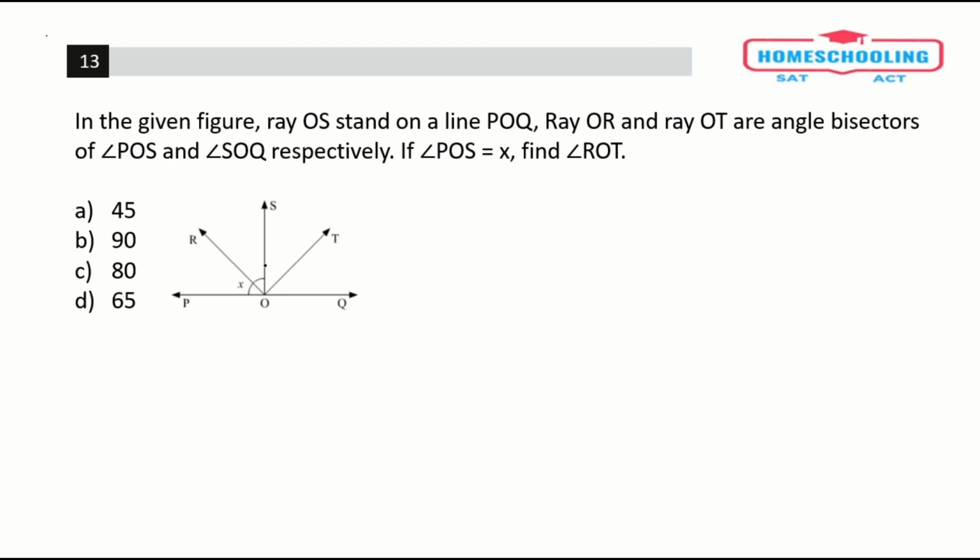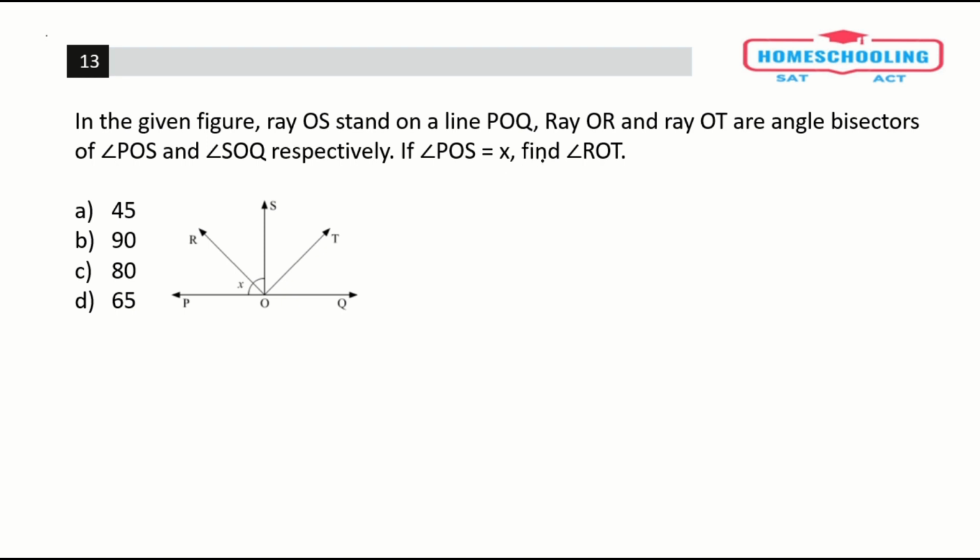If angle POS is equal to angle SOQ, find angle ROT. It seems like a perpendicular angle, but there is one more option, 80. So we have to check whether this is a perpendicular angle or not. So let's solve it.